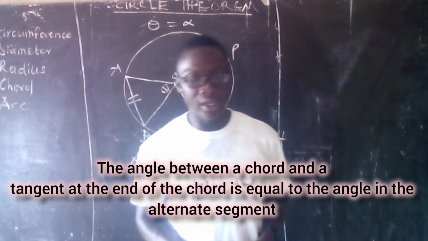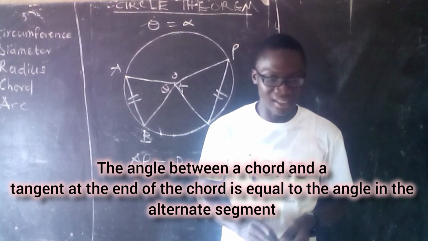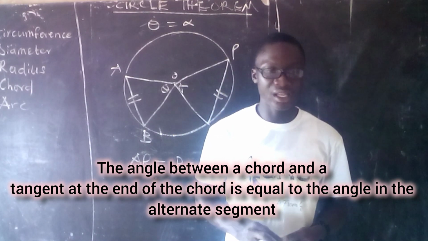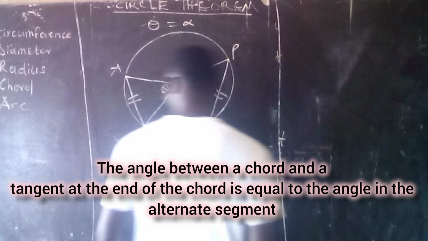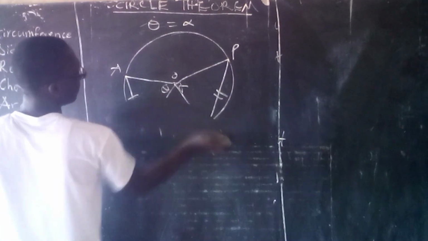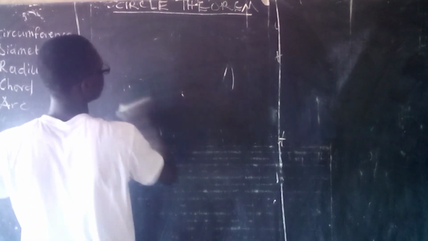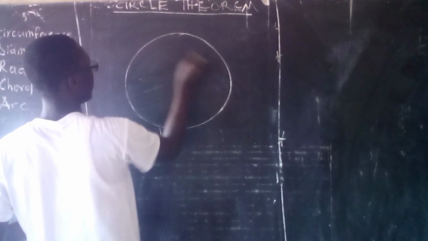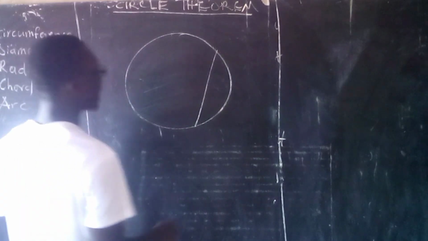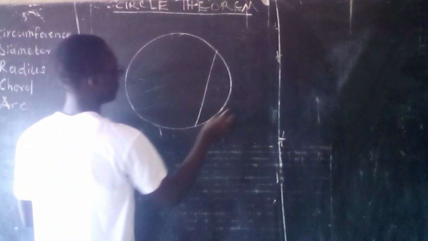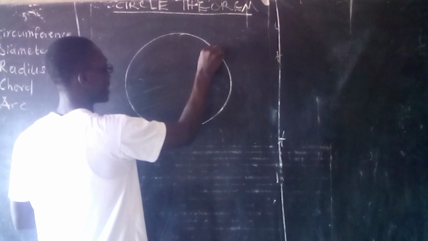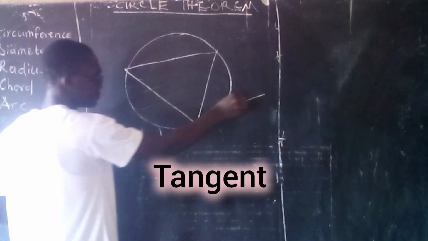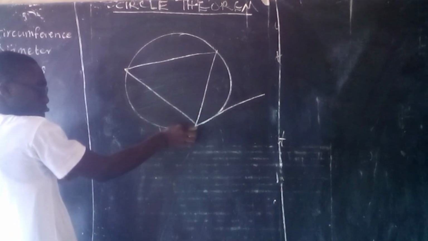So let's say we have a circle with a chord, and you also have a diameter. So this chord subtends an angle to the circumference of the circle. When you have a diameter here, at the end of the chord.